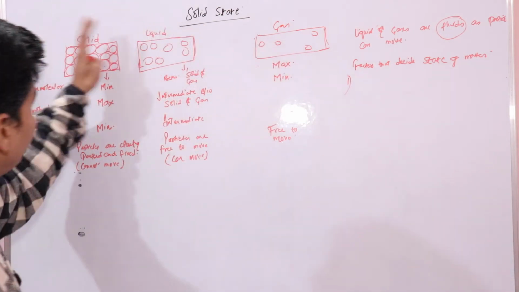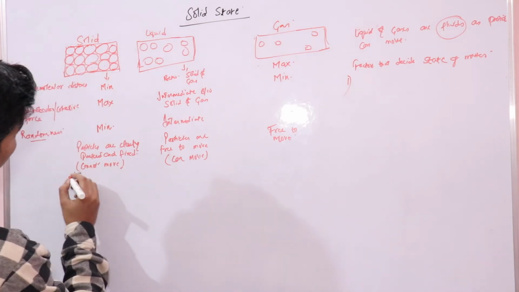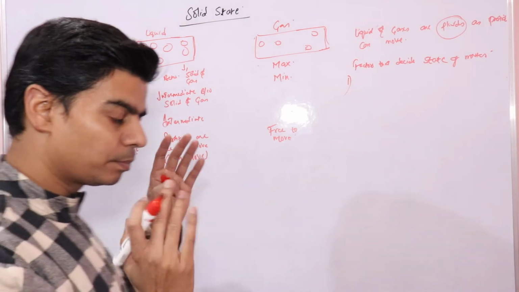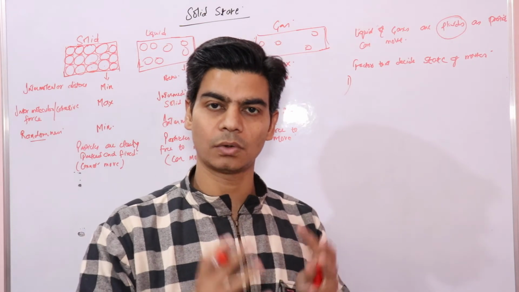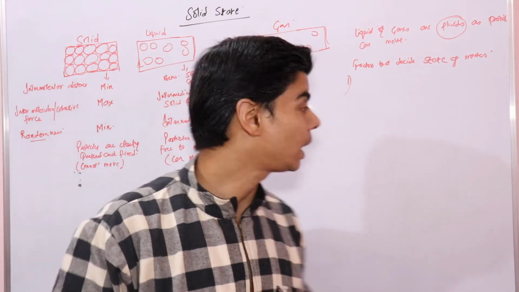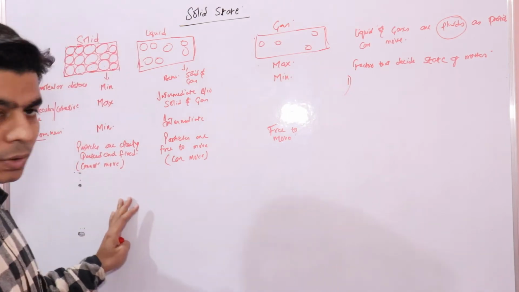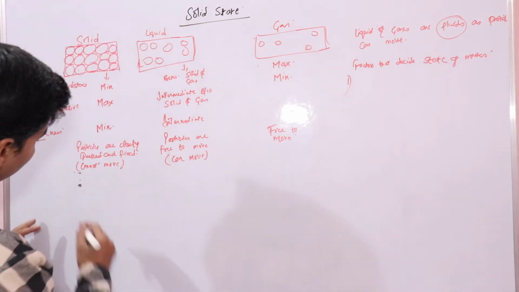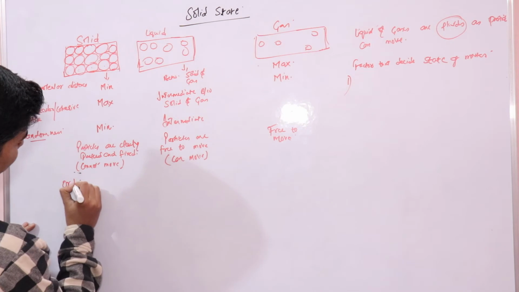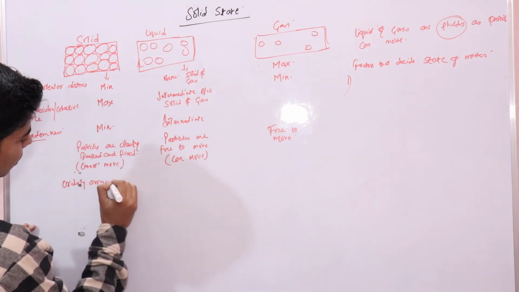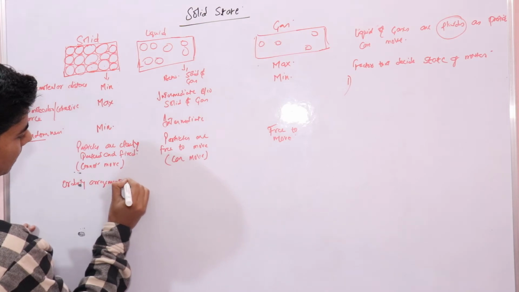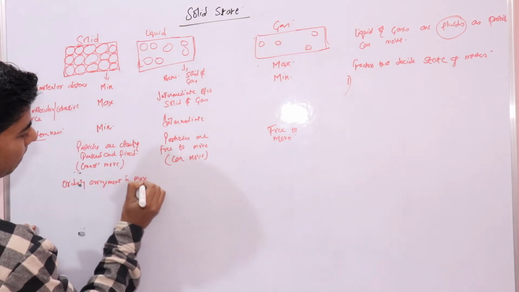So here, if you talk about solids, since the particles are close to one another, they have maximum cohesive forces or intermolecular forces acting between the particles, right? So in this case, orderly arrangement is maximum.